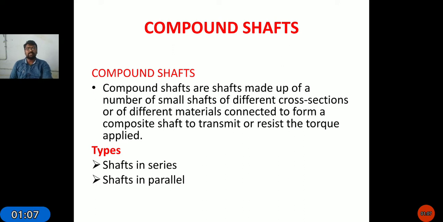In some cases we need to reduce the weight of the material or length, or for strength consideration we use compound shafts. Compound shafts are mainly divided into two types, that is parallel shafts and series.